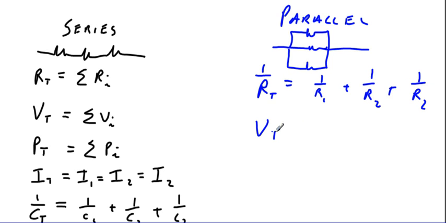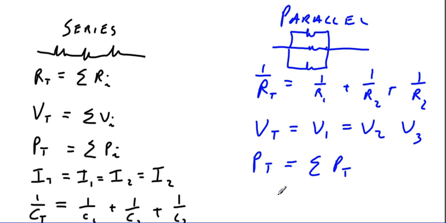My voltage is going to be the same, so voltage 1 is the same as voltage 2, which is the same as voltage 3. My total power is going to be the sum of the powers. My total current is going to be the sum of the individual currents.